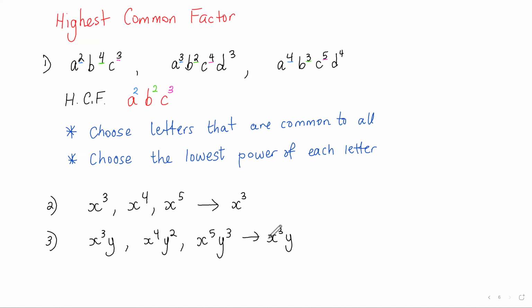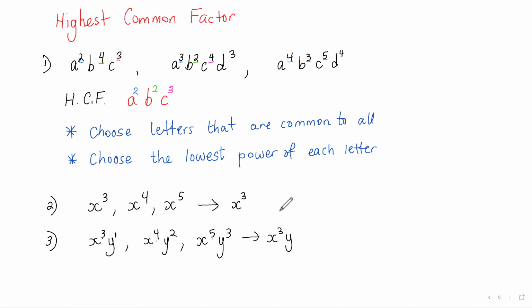Because it will be x and y, since x and y are common to all of them. And then the lowest powers of x and y. So the lowest power of x between 3, 4, and 5 will be 3. The lowest power of y, well, when y is by itself, the power is just 1. So the lowest power of y between y, y squared, and y cubed will be 1.